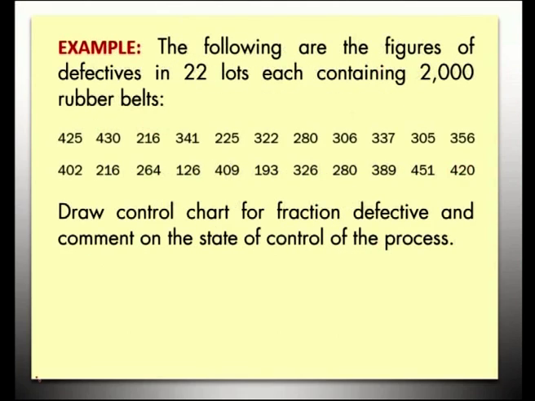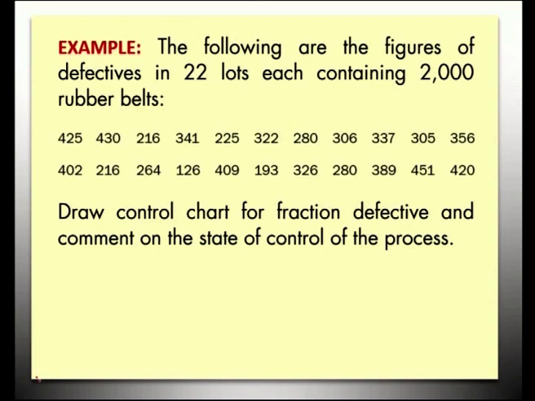Next, we work out an example in drawing the control chart for fraction defective and comment on the state of control of the process based on the chart drawn. The following are the figures of defectives in 22 lots, each containing 2000 rubber belts.